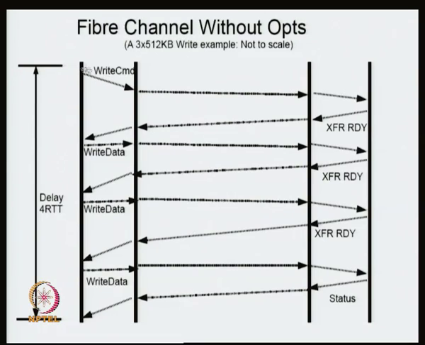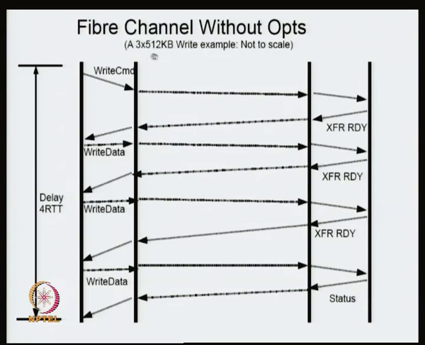What we are talking about is, I do a write, and it has to traverse this Fibre Channel network, all the way up to this point. Once the write command is received by the target, it will allocate some buffers and say I am ready to transfer. Again it has to percolate back all the way. Once the transfer ready command comes, it can actually send the data.